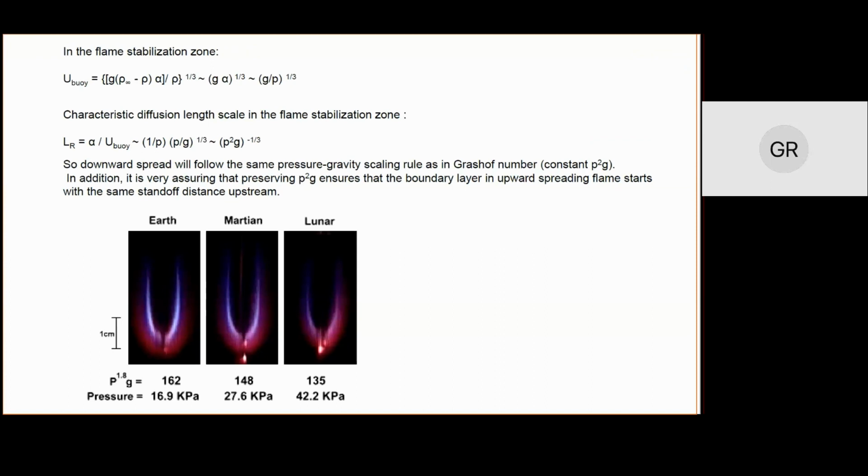If you do an analysis, you find the standoff distance over there turns out to also be P squared G. So we are really happy. In other words, the flame starts upstream with the same P squared G and extends to the boundary layer. Another thing is that the stabilization zone is the flame standoff distance for downward cases, so for downward spread, P squared G also works.